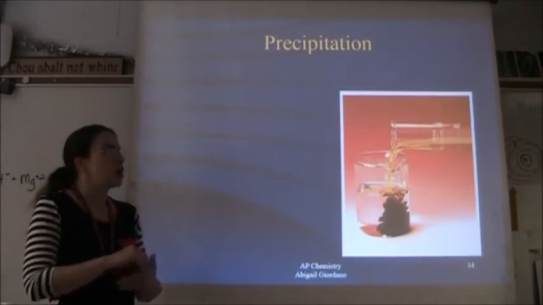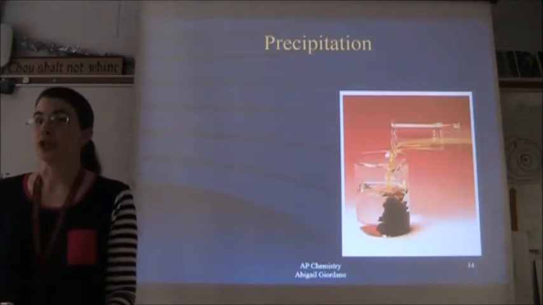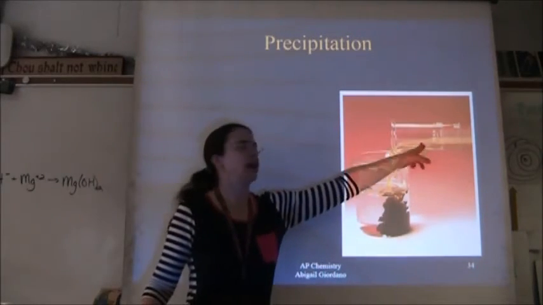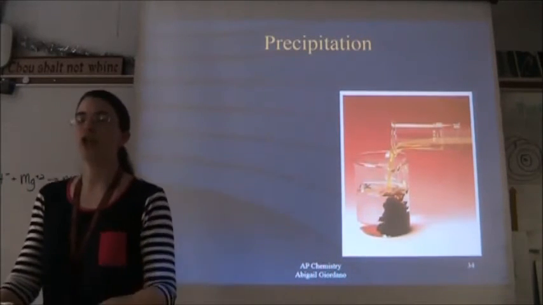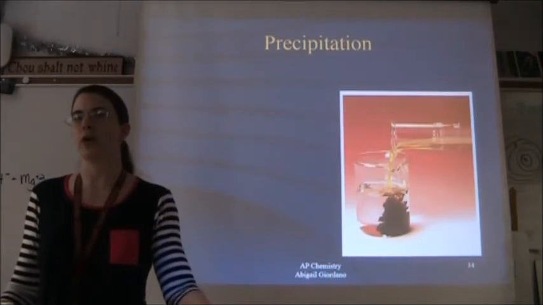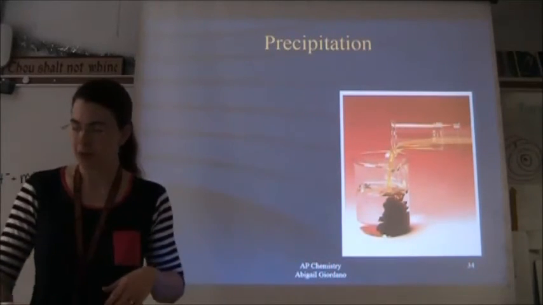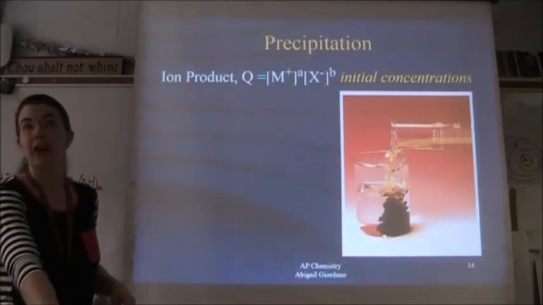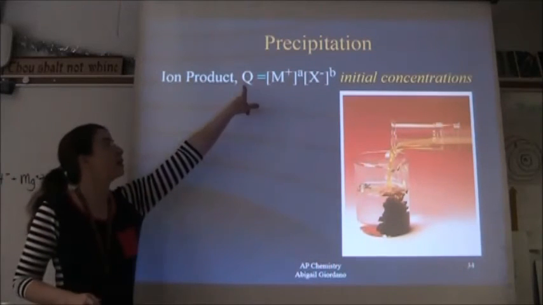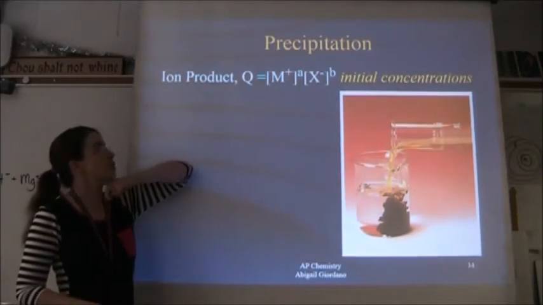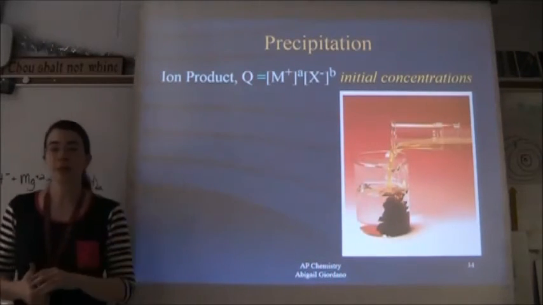You are going to be given situations where it'll say, this solution is combined with that solution. Will you get a precipitate, yes or no? Prove it with math. You are going to do that by solving for capital Q, which in this chapter they call the ion product.